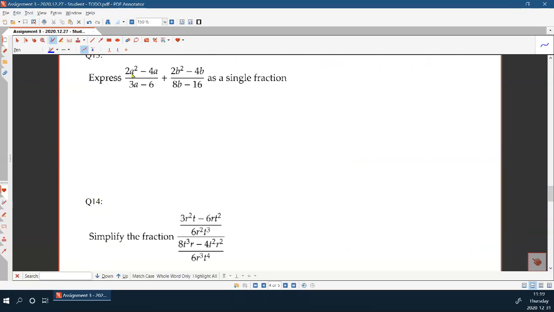Express this expression as a single fraction. Following the same principle as the previous question, the key is to find a common denominator.